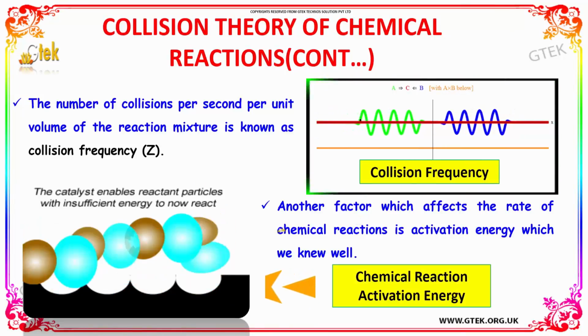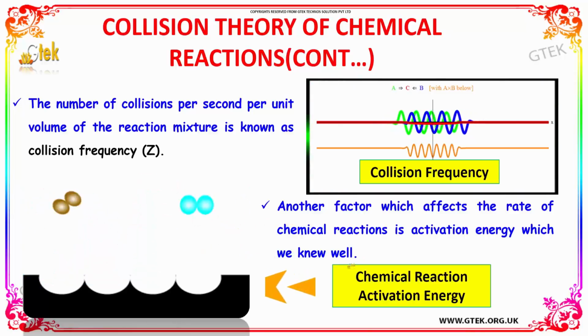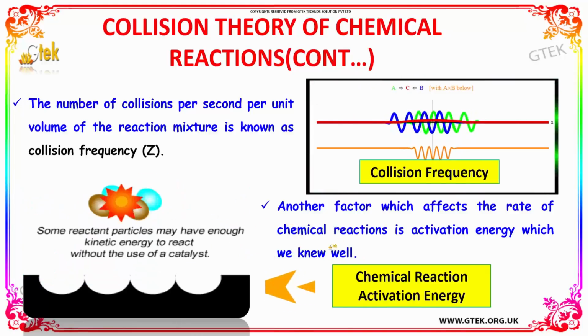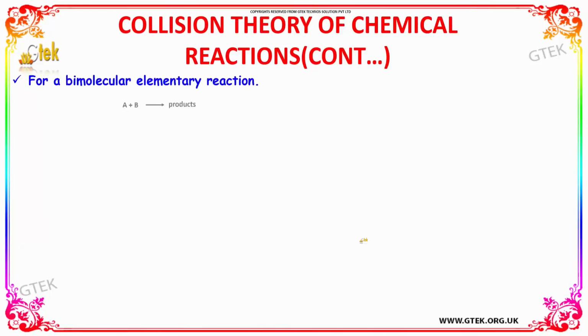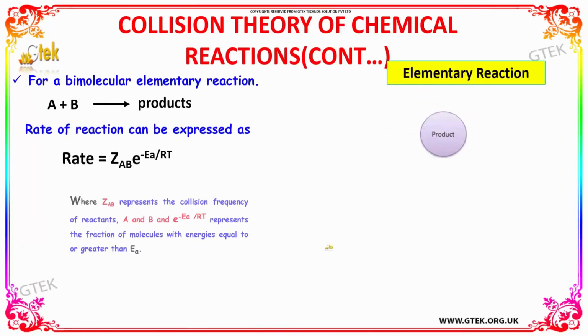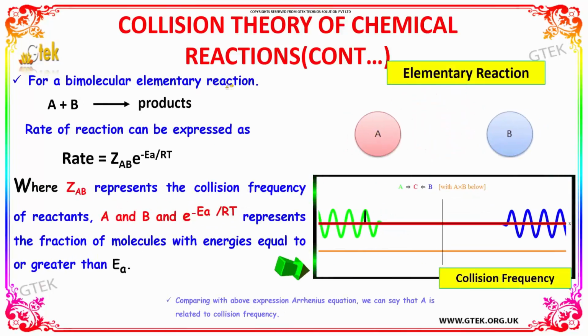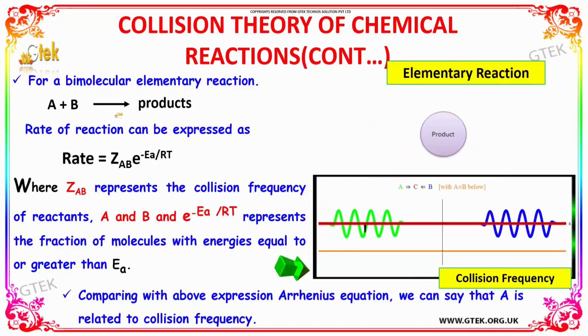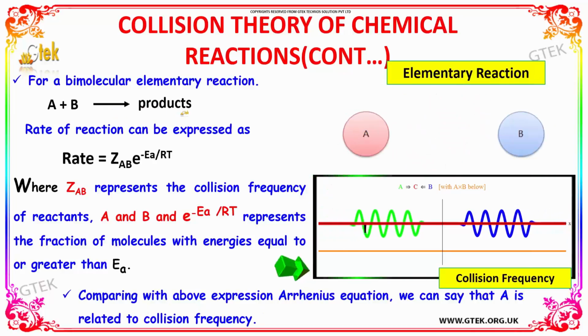Another factor which affects the rate of a chemical reaction is activation energy, which we knew well. For a bimolecular elementary reaction, A plus B gives the products.